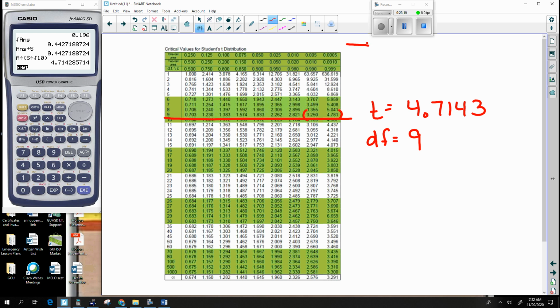If it were off the map, if it were to the right of that, what you do is you just accept the closest value that you do have. So you're not going to have two values. You're just going to accept whatever value you can get. All right, so here we look up for the one tail area, and that is our p-values up there.